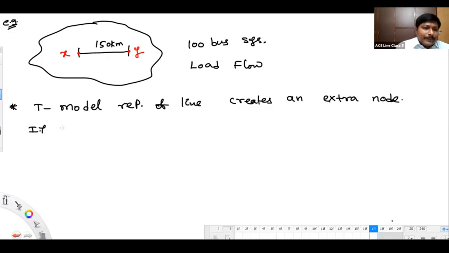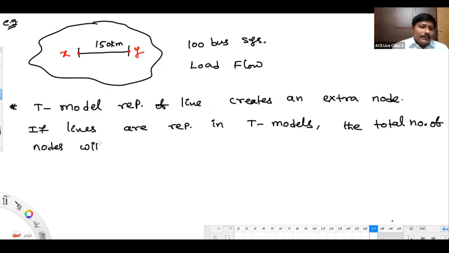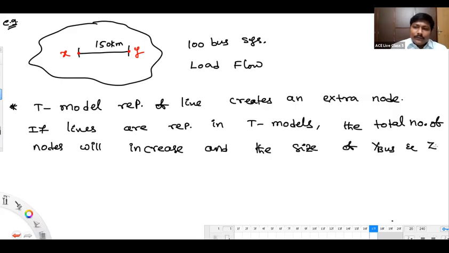So if lines are represented in T models, the total number of nodes will increase, and the size of the Y bus and Z bus increases. That implies the analysis will be difficult.